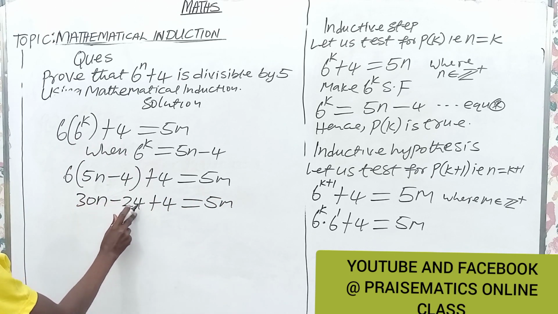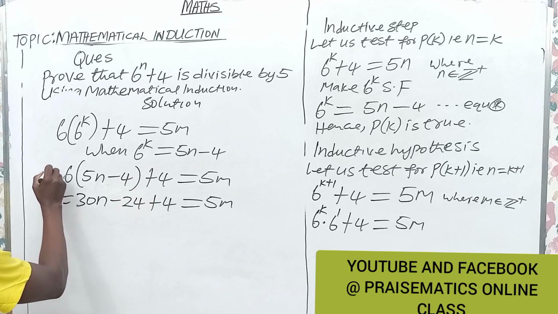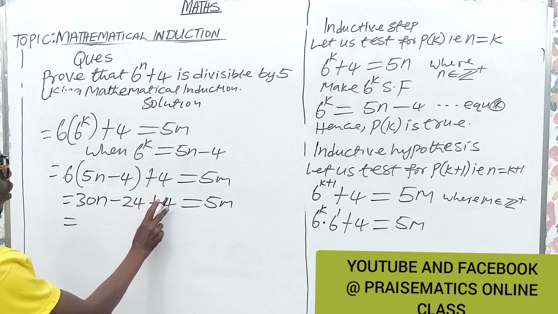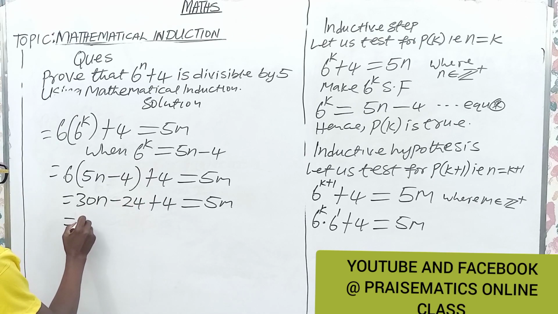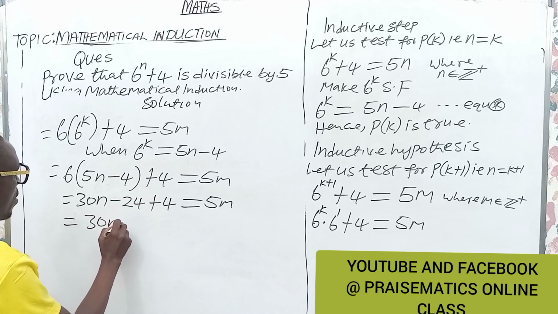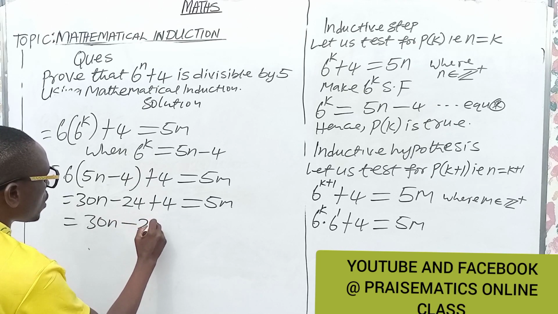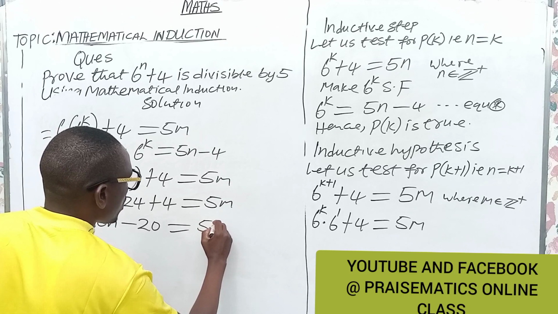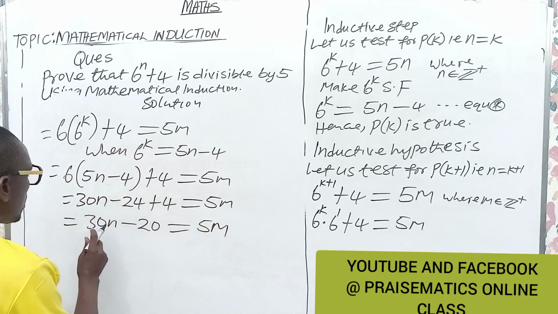Now, when we have this in, minus 24 plus 4 will give us 30n minus 20. Is it divisible by 5m?